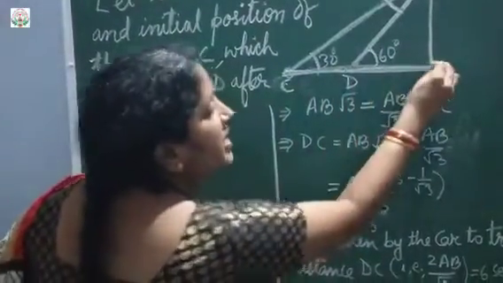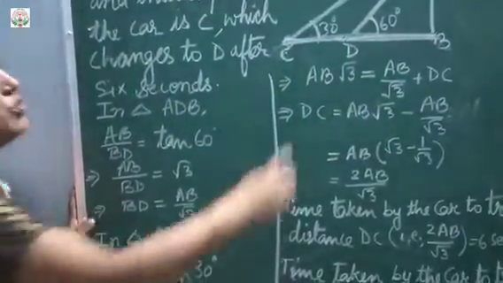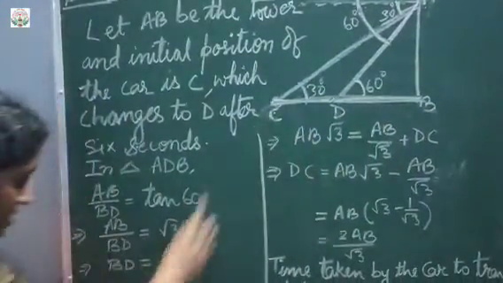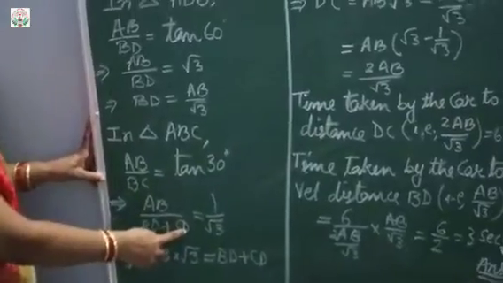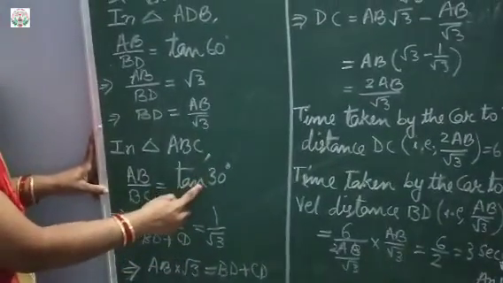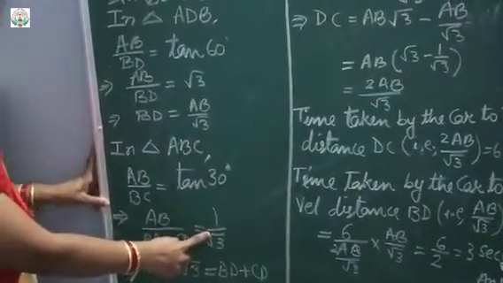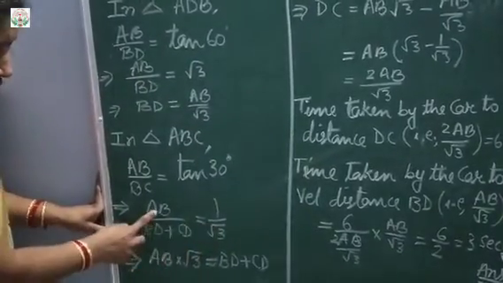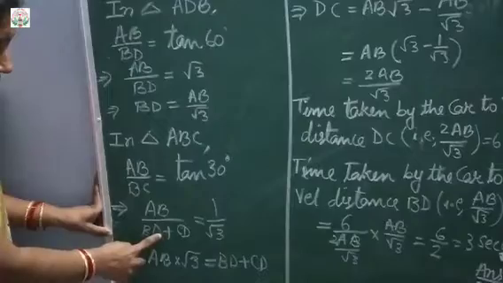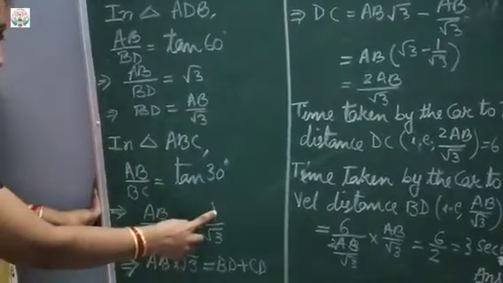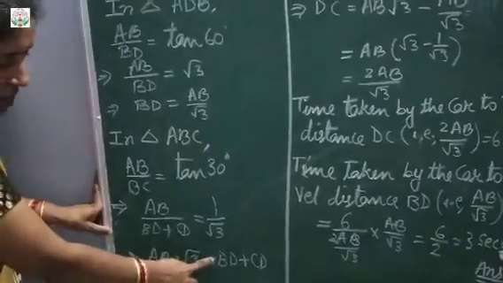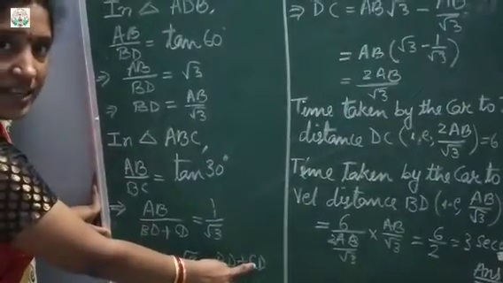CD plus BD, is it not? So in place of BC, I can write BD plus CD, which equals the tan 30 value, 1 upon root 3. Now again cross multiply. Root 3 is multiplied with AB, and BD plus CD is multiplied with 1. So we get AB into root 3 equals BD plus CD.